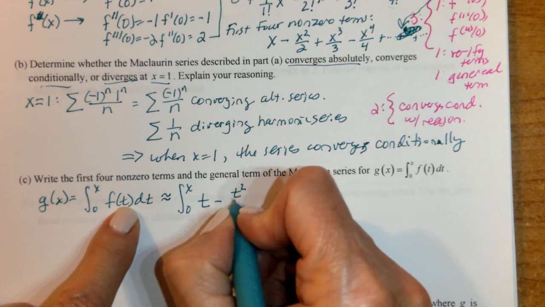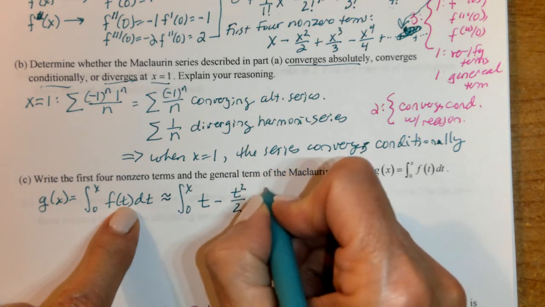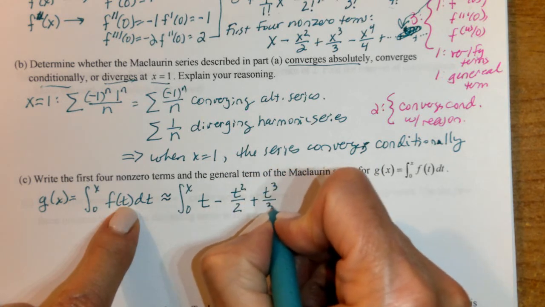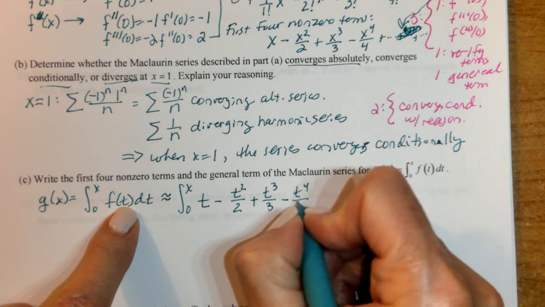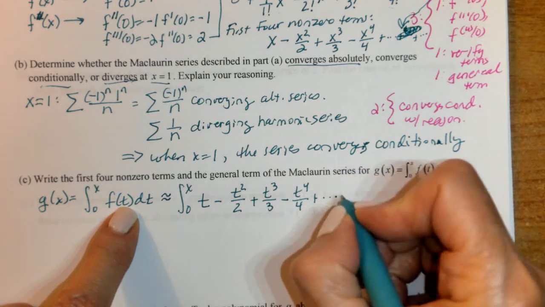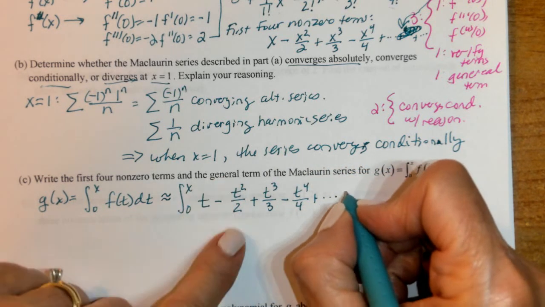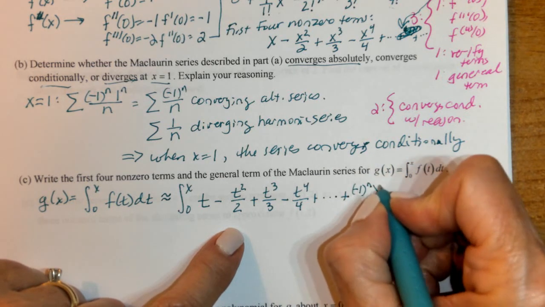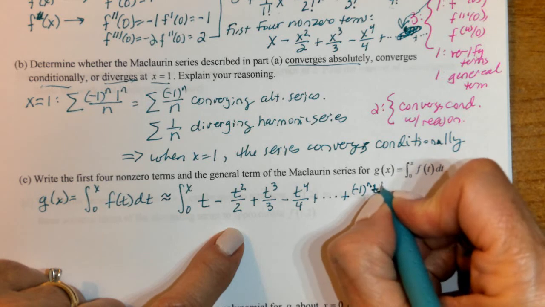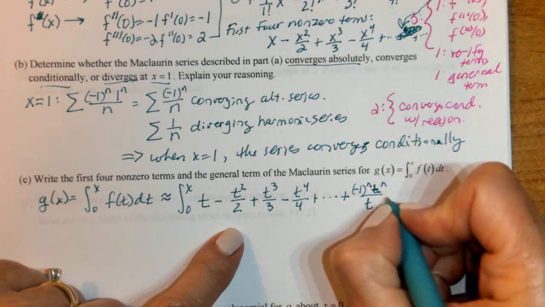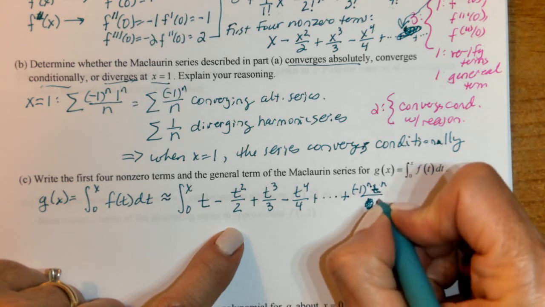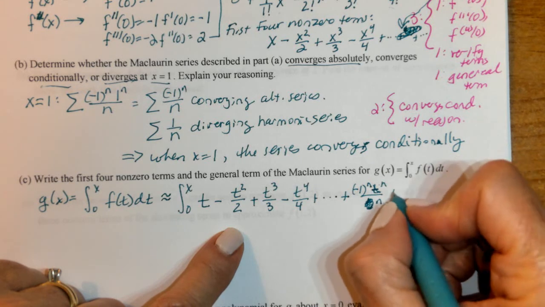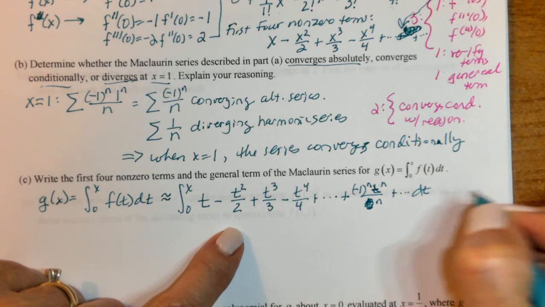This is something that I struggle with because I get to going too fast. Since they want the general term, I'm going to write the general term here and just manipulate my general term. Oops, I almost put an x over n plus dot dot dot dt.